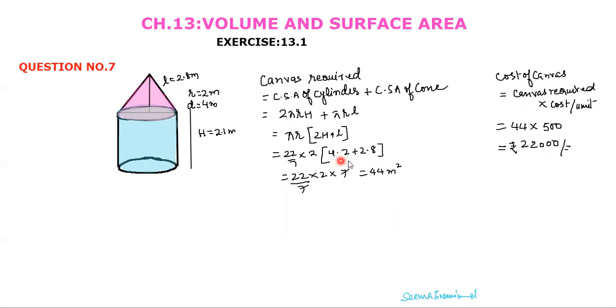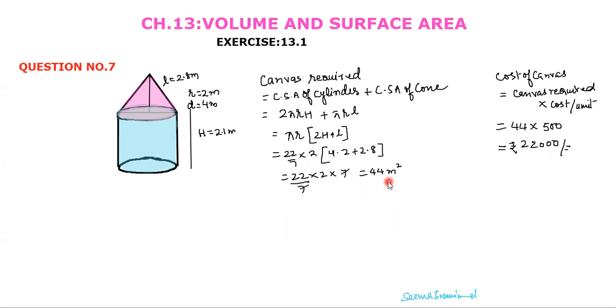When you add them up, it will be 7. So 22 into 2 outside, and from the bracket you are getting 7. So 7 and 7 will be cancelled, and therefore the total canvas required to make this tent is 44 meter square.